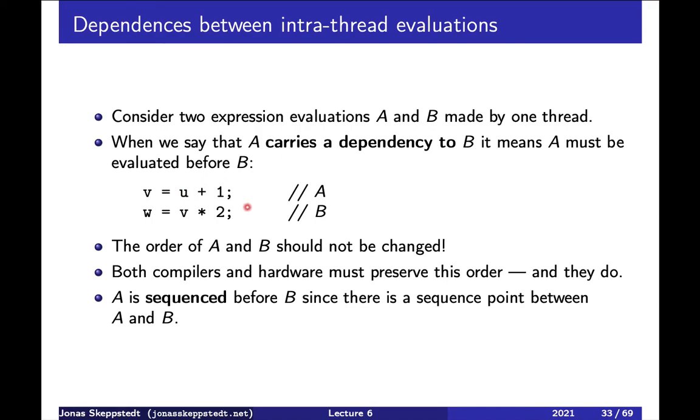And we also can say that A is sequenced before B, since there is a semicolon between these two statements. Not only a semicolon, but more importantly, a sequence point.